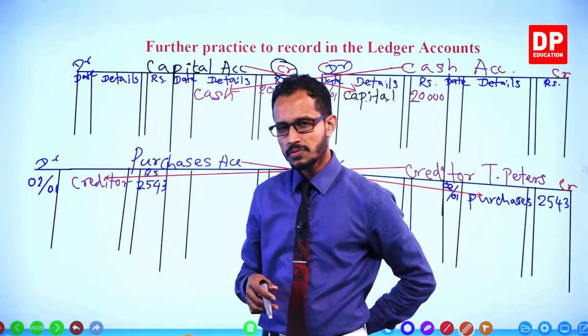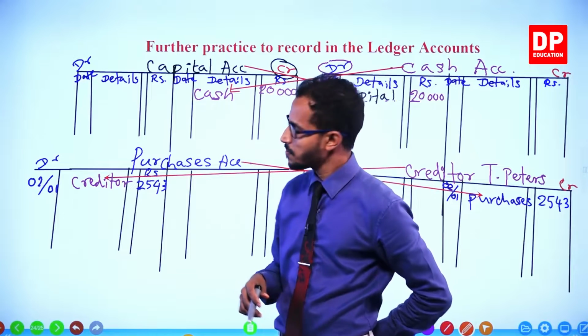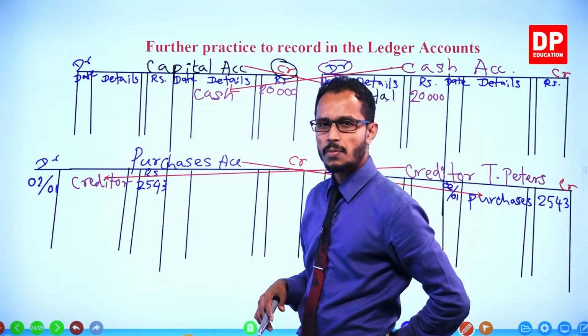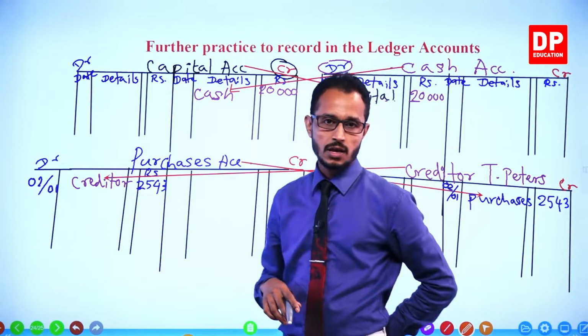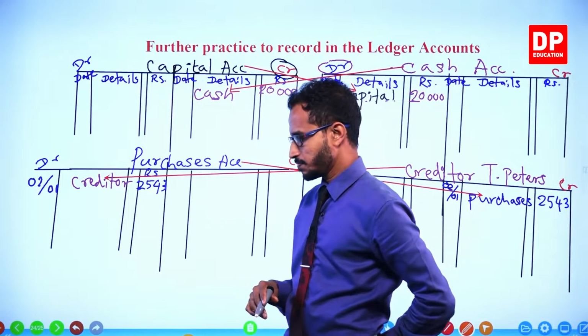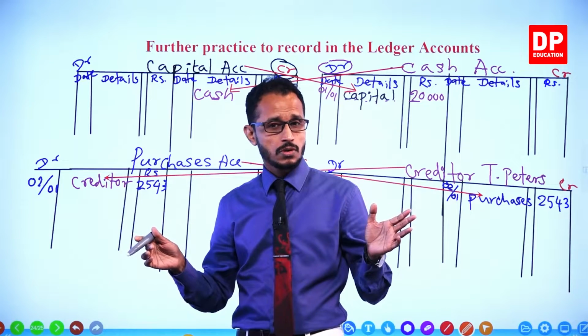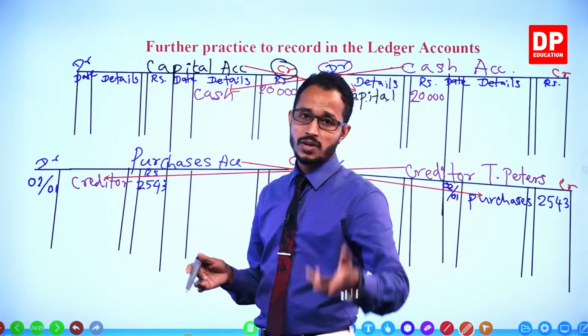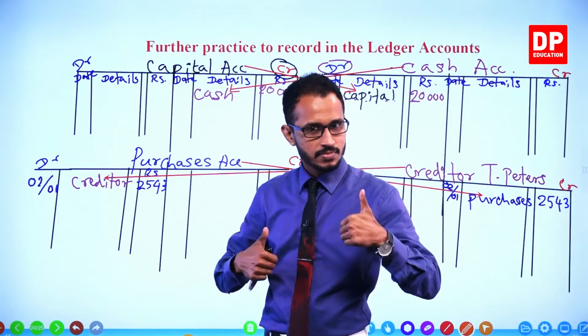Is that clear, children? No worries, right? Simple double entries entered in accounts. Okay, we'll do a few more and you will do the rest. Agreed?